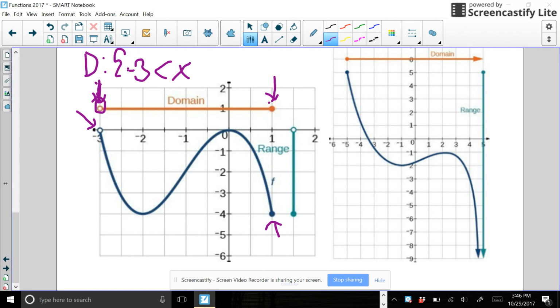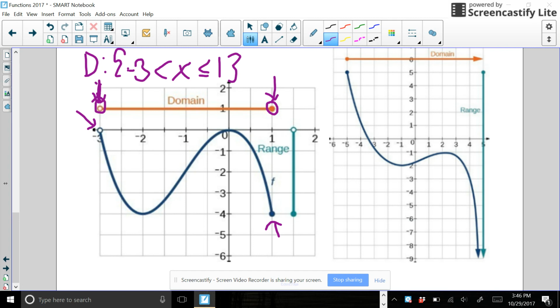And then we go all the way over to +1, which is a closed circle, so that's less than or equal to +1. So our domain is -3 is less than x is less than or equal to +1.